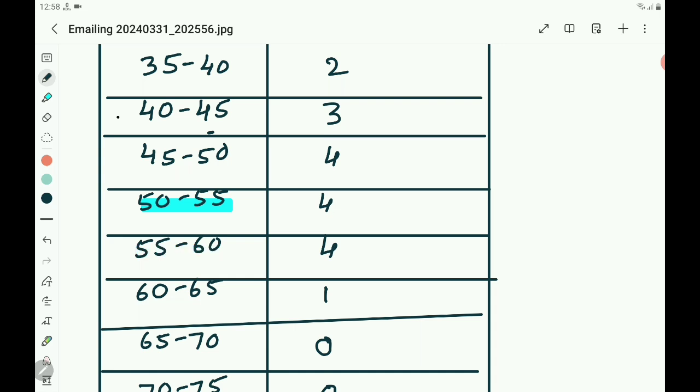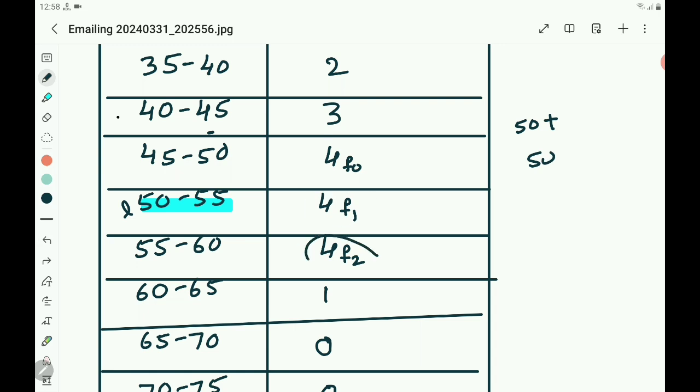Then what will be the value of mode here? It becomes F1, then the previous F0 and the next one F2. Then this becomes L, and H, the size of the class, the width of the class, is 5. If you observe the formula, L is 50 plus F1 minus F2 becomes 0, and completely this part becomes 0. So the mode becomes 50 if you take this one as the mode.